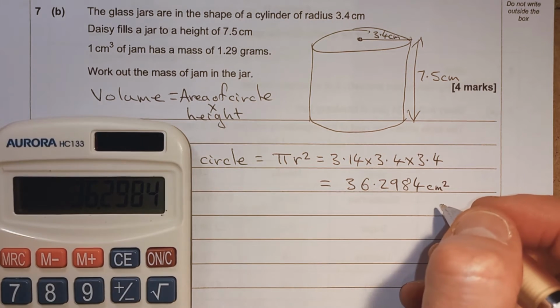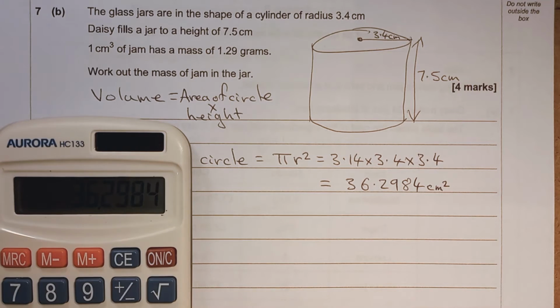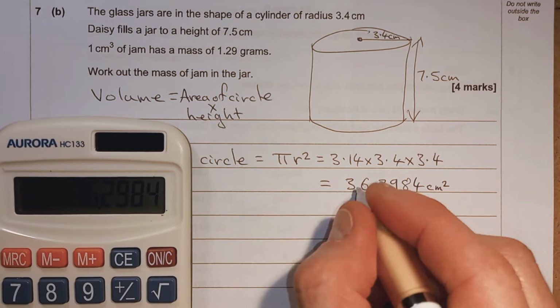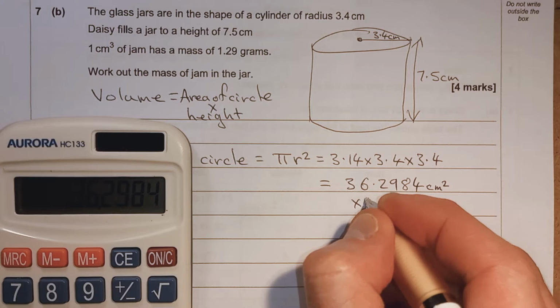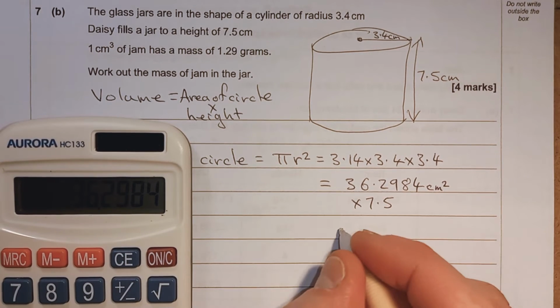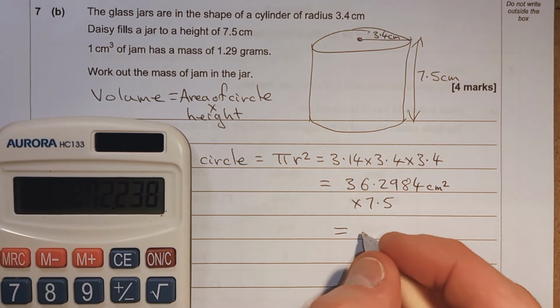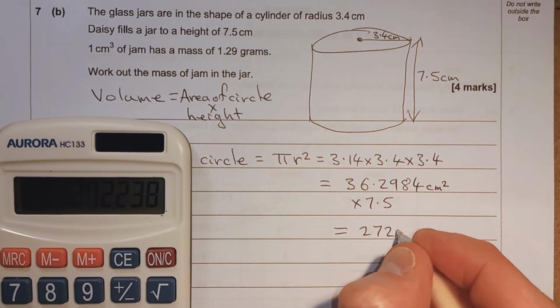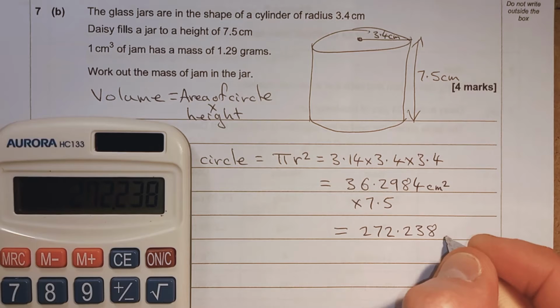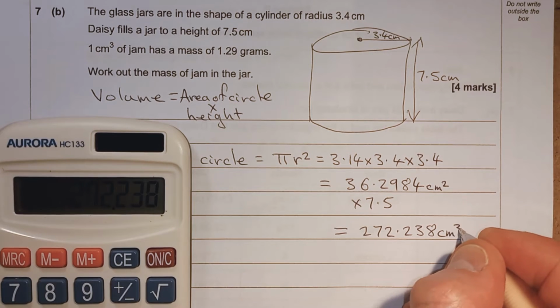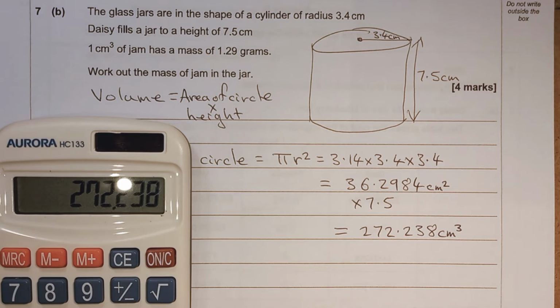Okay, I'm going to keep all of those digits in my calculator. We need to multiply it by the height. So we're going to multiply that by 7.5. And we get 272.238 centimetres cubed, because that's now the volume. Okay.